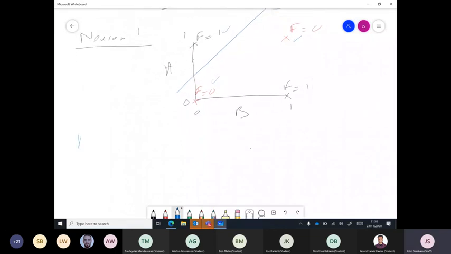Let's now look at neuron 2. And again, we'll do the same two-dimensional diagram, A and B. F equals 1, F equals 1, F equals 0, and F equals 0.